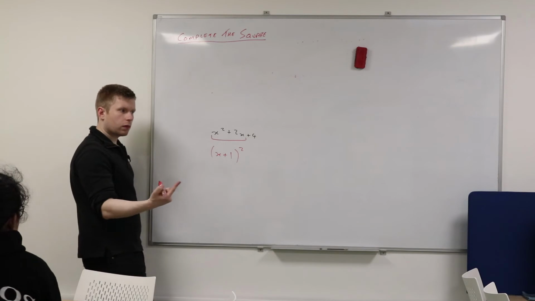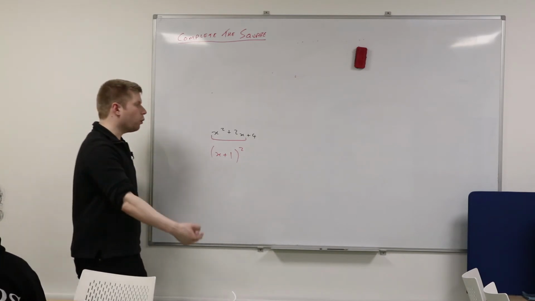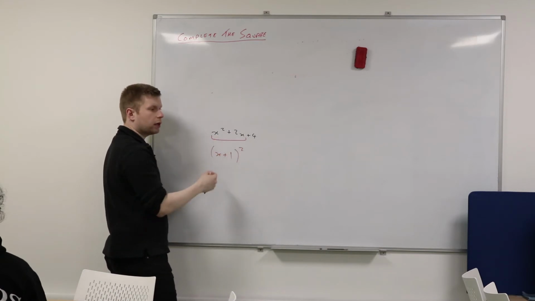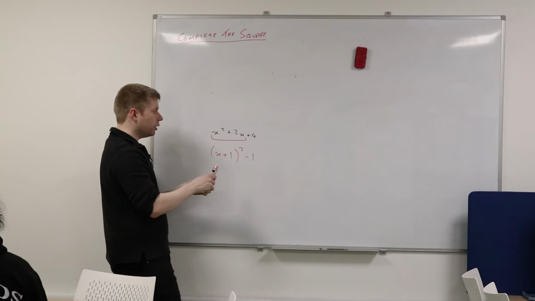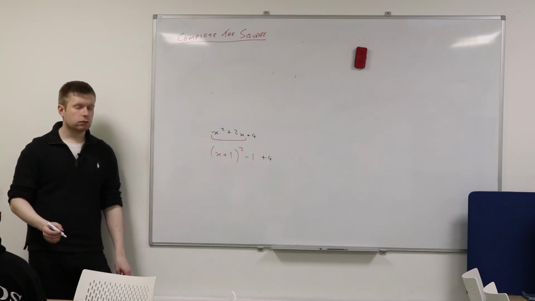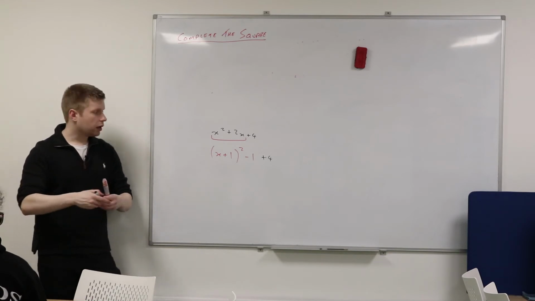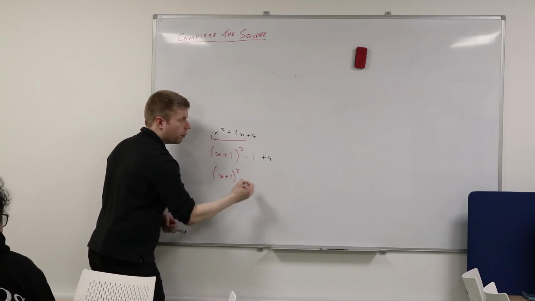X squared plus 2x plus 1. Yeah, so if you expand this out, you get x squared plus 2x plus 1. I don't want the plus 1 there. Remember, I just want the x squared plus the 2x. Okay? So I'm going to take away 1. And the plus 4 just comes along to the right. Is that okay? And I can tidy this up by going, okay, this is just x plus 1, all squared, but minus 1 plus 4 is positive 3.